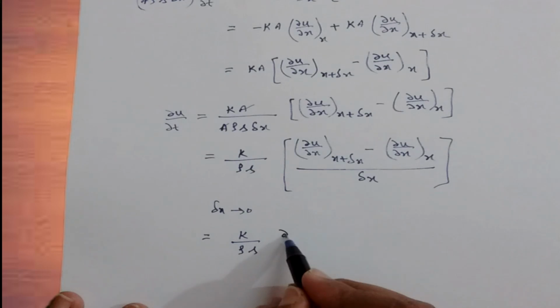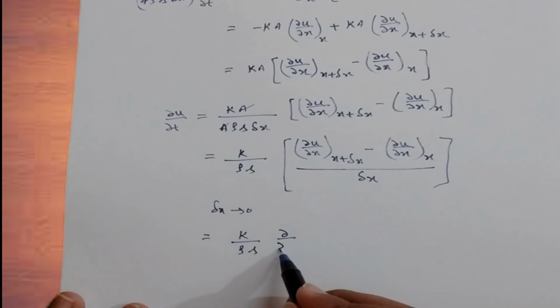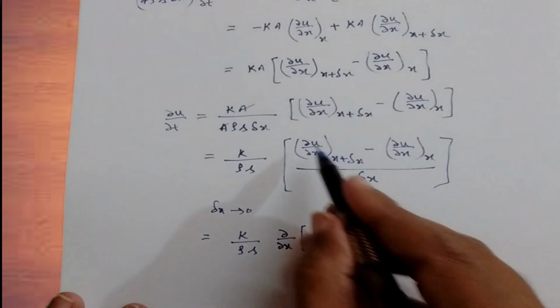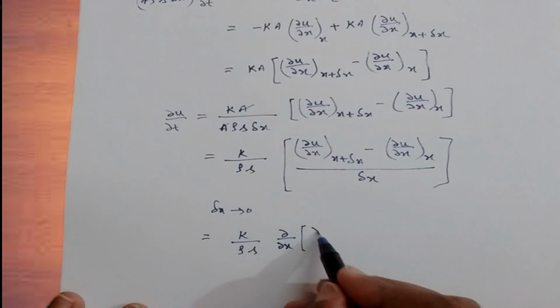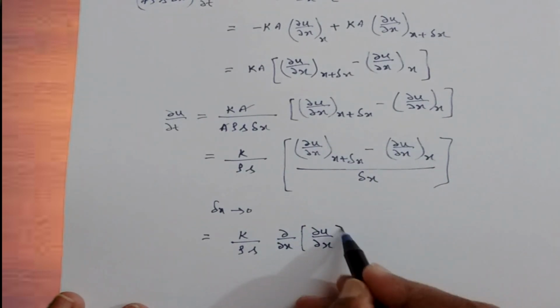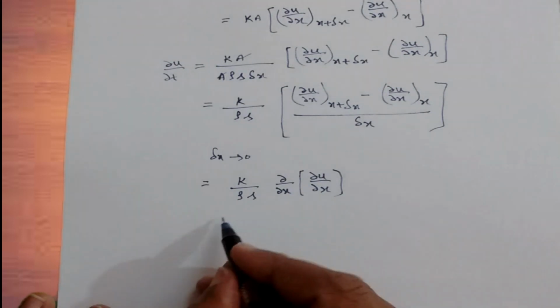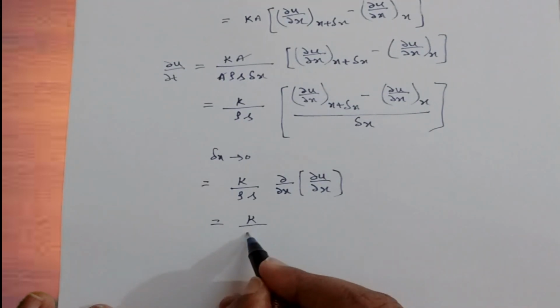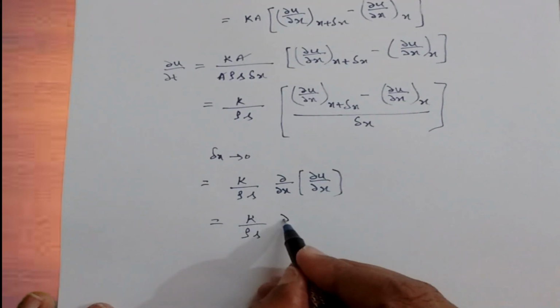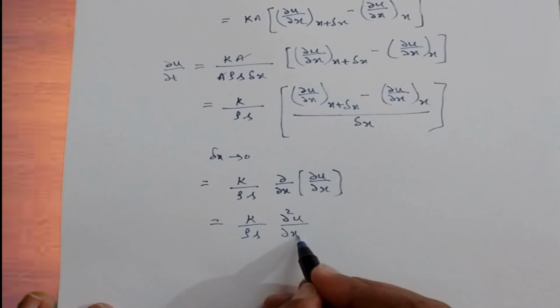Because delta X tends to 0, it is dou by dou X of dou U by dou X, which will be nothing but dou square U by dou X square.